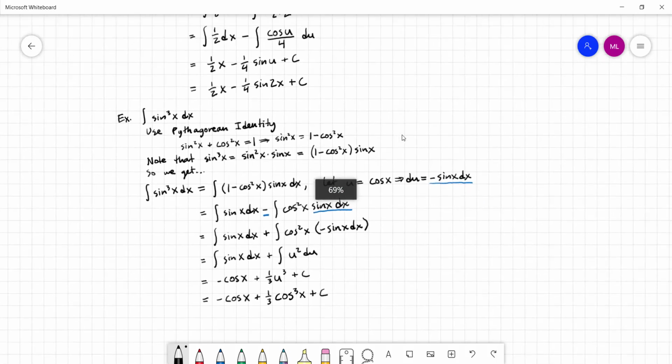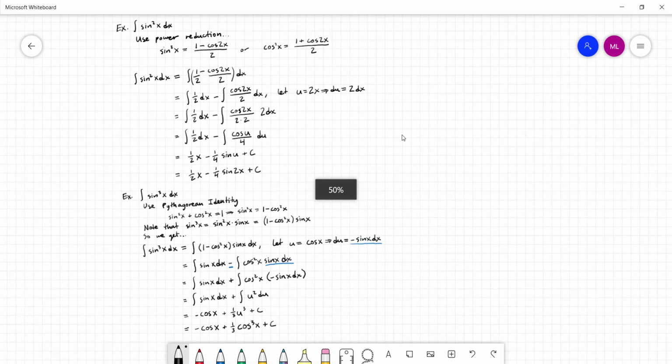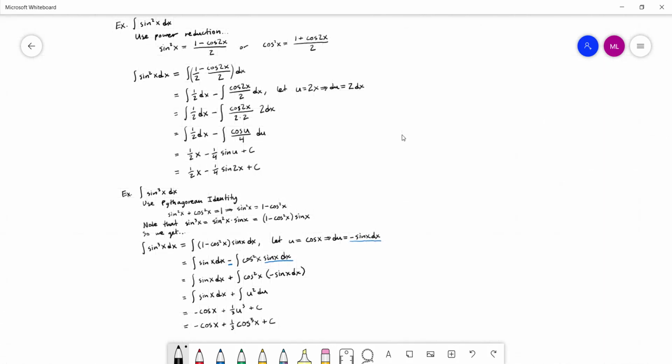So, looking at these two approaches, the gist of the idea is, again, if we're dealing with a single trig function and it has an even power, we're going to use power reduction on it. If it has an odd power, we're going to use this Pythagorean identity to split it up so that we get basically both a function and the derivatives of that function.